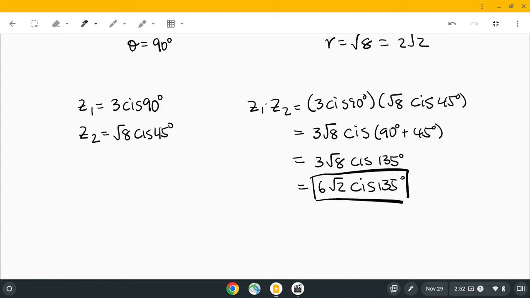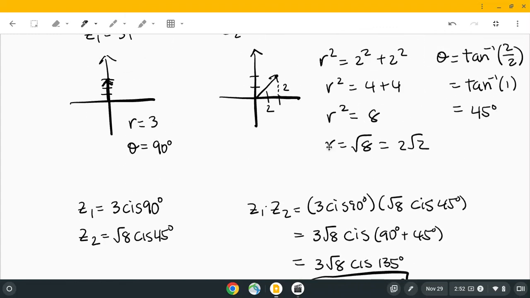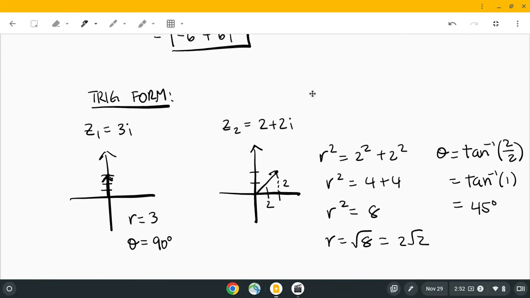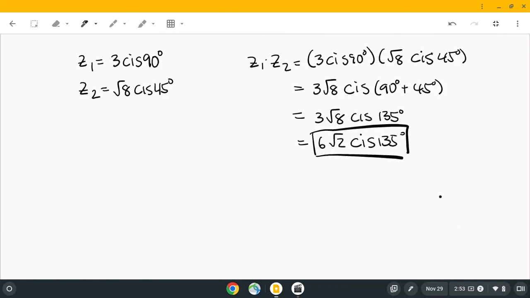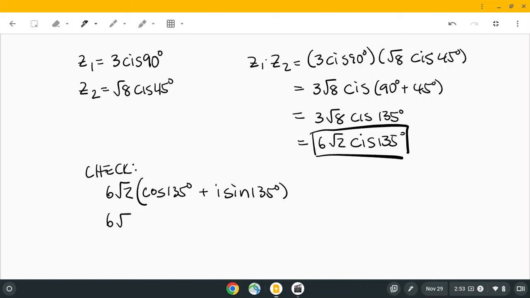Okay. And if we work this out, this should be equivalent to what we get up here, negative 6 plus 6i. And it is, because this is going to give us square root 2 over 2 for cosine, negative square root 2 over 2. Here, let me show you. 6 square root 2 times cosine 135 plus i sine 135, right? We're just checking to see if they are equivalent. Cosine of 135 is negative square root 2 over 2.